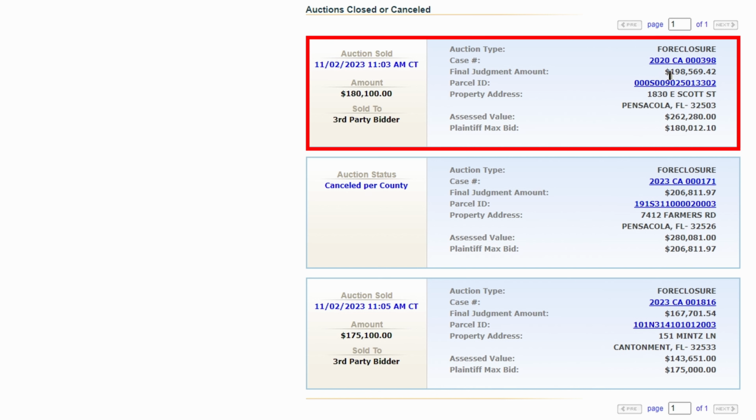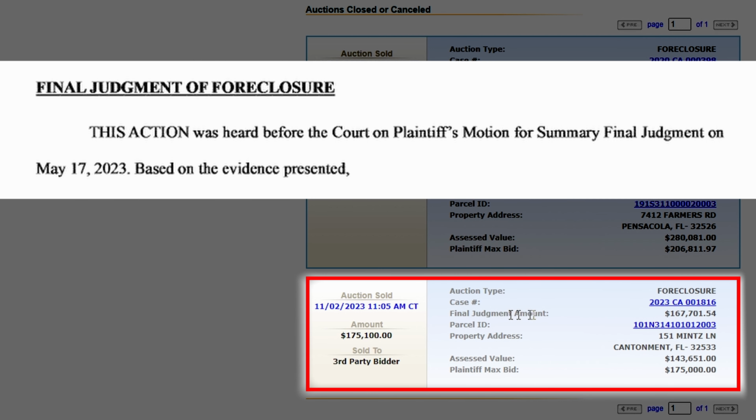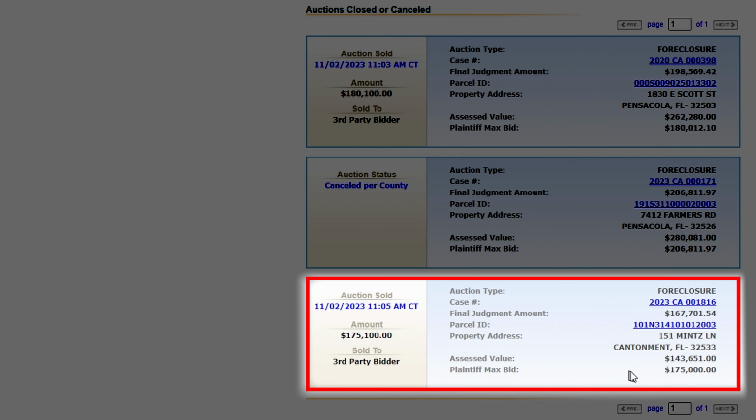The final judgment amount was 198, so the final judgment amount was much higher than the plaintiff's max bid. And this is something you don't see very often. Normally it's going to look like this one here at the bottom, 167 plus 1, then it comes to 175, and this is because of interest. You have to remember, the final judgment amount is based on a date, and this date is recorded normally several months or longer before the property is actually foreclosed on.